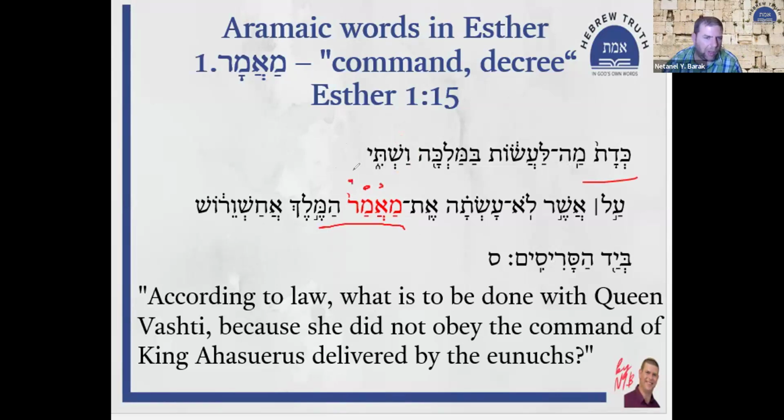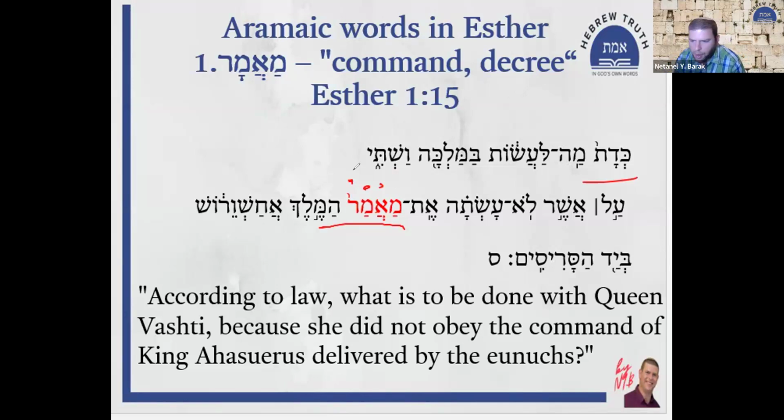We know it very well from the Hebrew. Vayomer, amar, very common. But the word ma'amar itself is a very rare form in Hebrew. It's very common in Aramaic. Ma'amar, especially in the sense of a command, a decree, an order, something that is said by the king, which makes it a decree or an order.